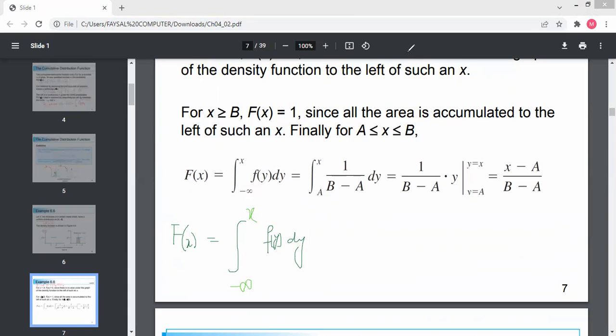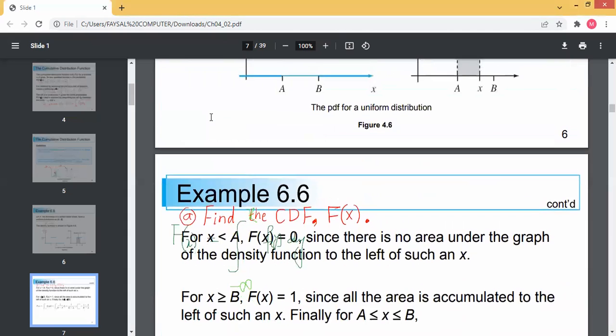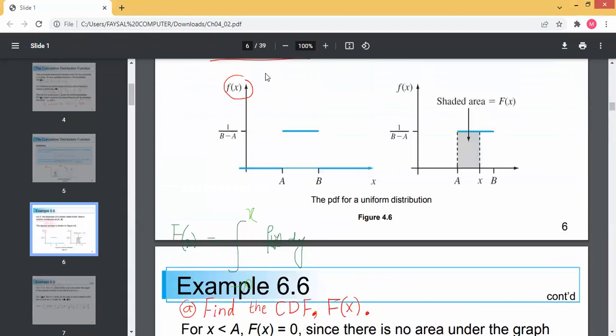How do we find these points? This is my upper point where my value is equal to 1, and my second point is where the value goes to negative infinity. So I take these two points: the upper point will be x, and the lower point is denoted as minus infinity.